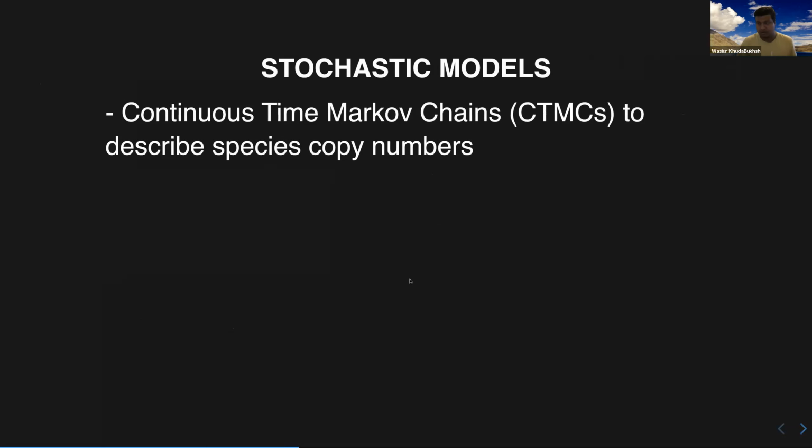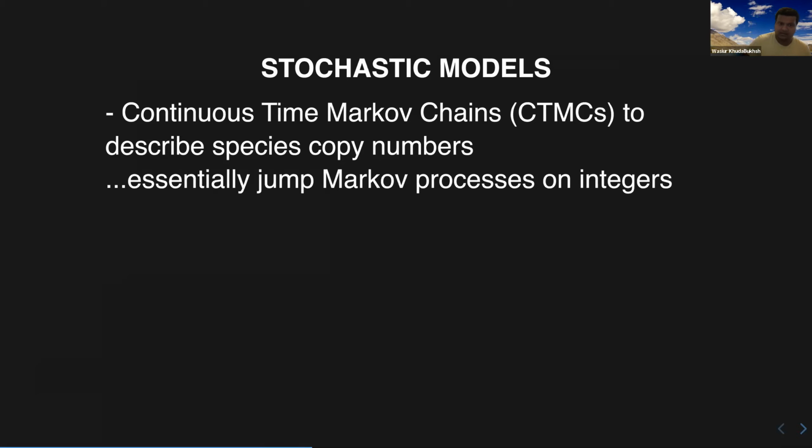And how do we model these kind of chemical reaction networks? So the classical stochastic model uses what are known as continuous time Markov chains to describe the species copy numbers or the sizes of these compartments or population counts, essentially. So this is nothing but a jump Markov process on the integers because they are population count models.